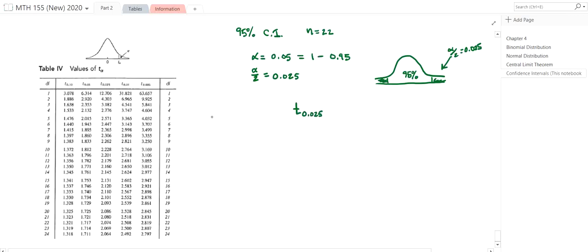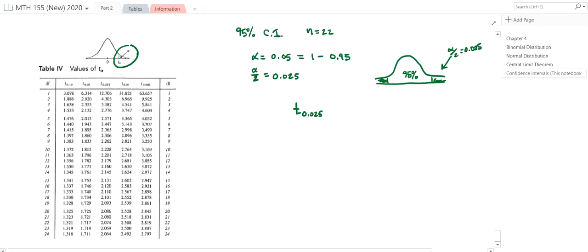Now, notice on this table that they're calling this alpha because we're going to use this table in a number of different ways. Sometimes this left tail will actually represent the alpha we're interested in. But in our case, it's an alpha over 2.